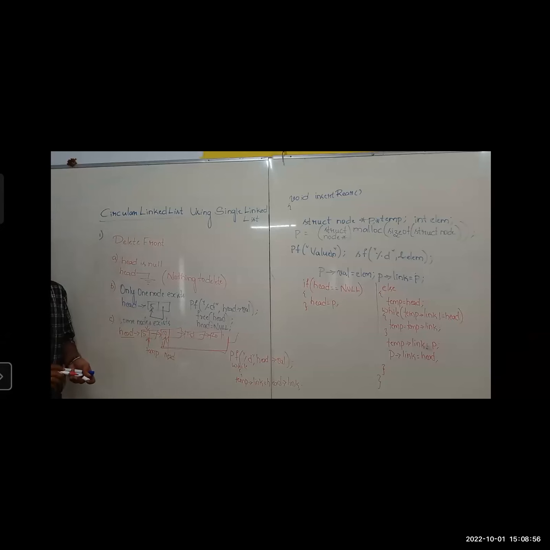I should delete it. How? For that reason, before changing the position of head, I kept one reference called temp. Where is your temp pointing? It is pointing to the node which I should delete. Directly I delete it. Done and dusted.